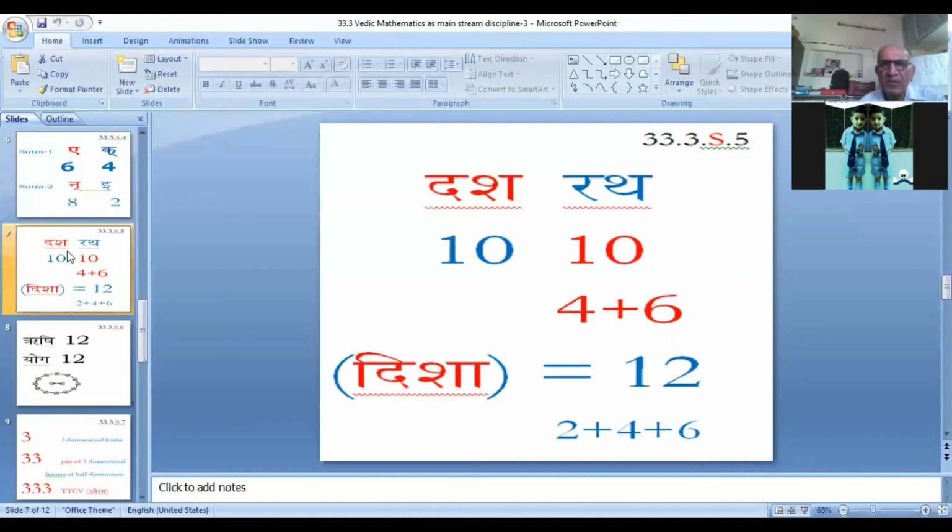Now see, this summation value 4 plus 6 is parallel to the TC values of the pair of syllables of the formulation Rath, a chariot. Now the Rath is a composition of a pair of syllables of TC values 4 and 6, parallel to the TC values of the first pair of letters of Ganita Sutra 1.